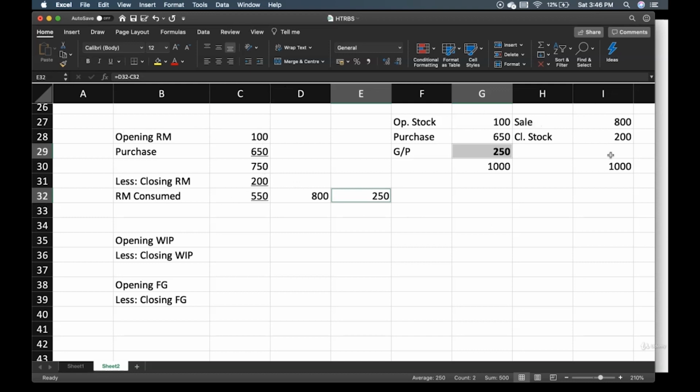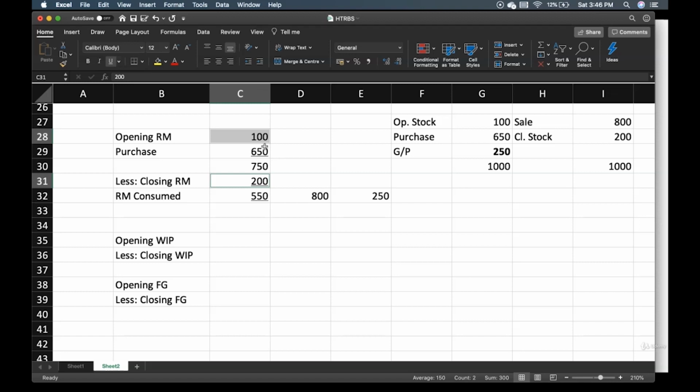In this case, I have taken this in memorandum form, but both approaches are giving me the same answer. So the message is, if you want to arrive at profit, you should compare your sales income only with consumption. And how do you arrive at consumption? You take opening stock, you add purchases, you deduct closing stock. So what is important is opening minus closing is very, very important.